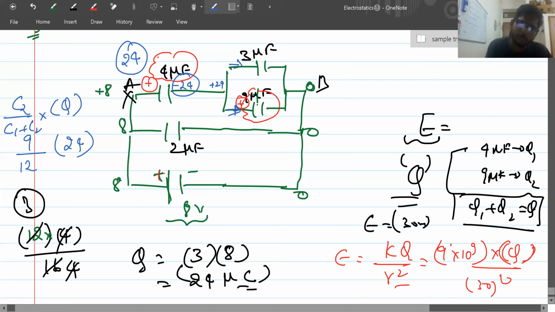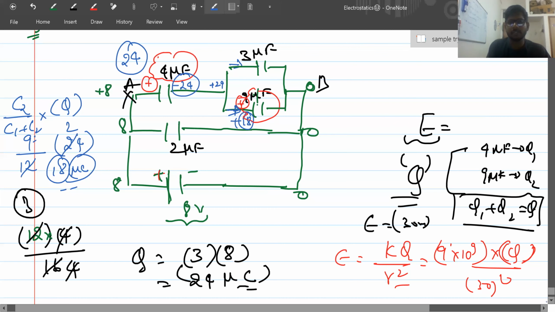We can follow the procedure I have taught you in the problem, and this formula also works when they are parallel. 12 twos are 24, 9 twos are 18. So 18 microcoulombs will be here, then 6 microcoulombs will go here. So 18 will be here and 24 will be here.